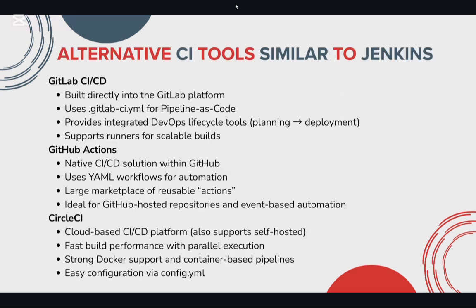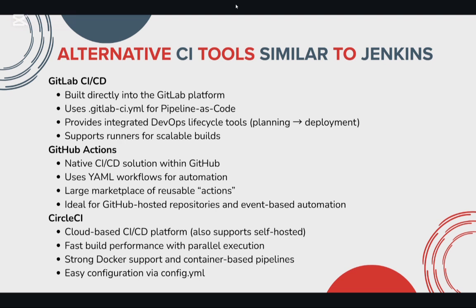Then the next slide is about alternative CI tools similar to Jenkins. Although Jenkins is one of the most popular CI tools, there are several strong alternatives. GitLab CI/CD is built directly into the GitLab platform and uses a .gitlab-ci.yml file for pipeline as code.